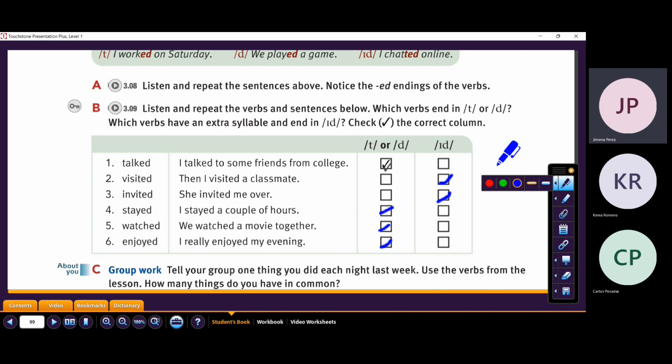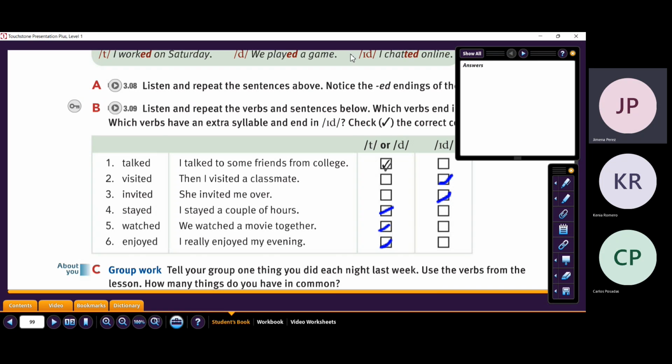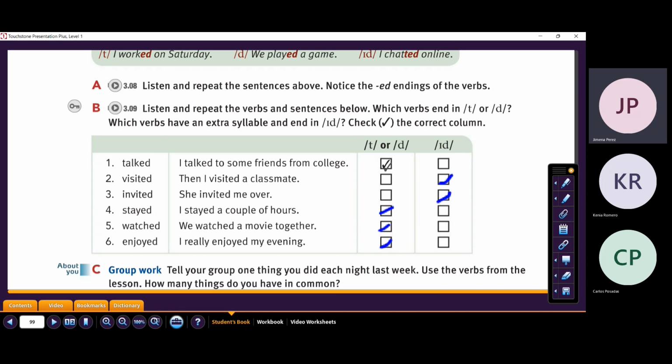Okay. This exercise was really easy, right? Yeah, it's T or D, ED, ED, T or D, T or D, T or D. Ok, pero entonces como podemos ver, por lo general, la mayoría terminan con ese sonido de T y D. Y otros que sí se escuchan como el ED, pero si se dan cuenta, es casi siempre, ¿no?